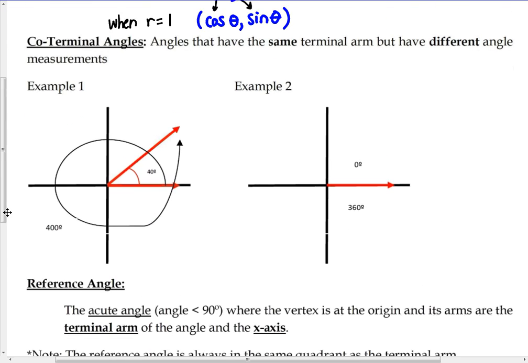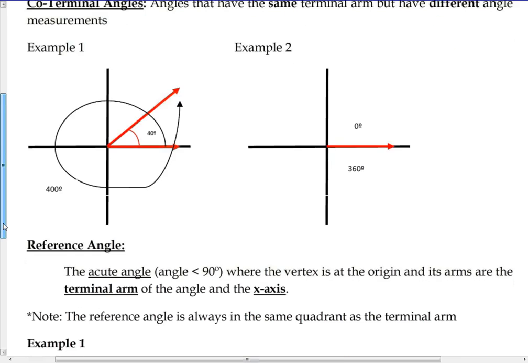Okay, coterminal angles are angles that have the same terminal arm but different angle measurements. So our rotation angle could be 40 degrees, but another angle that shares the same terminal arm is if we add 360. Instead of just having the 40, what if we go around the circle once and then come up to a rotation angle? That would be 400 degrees.